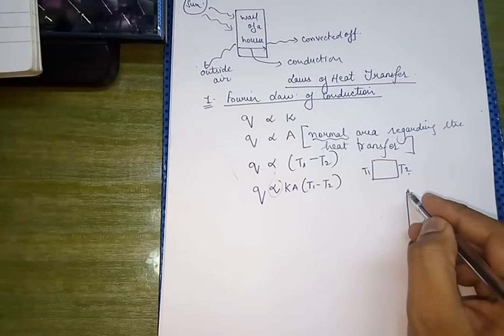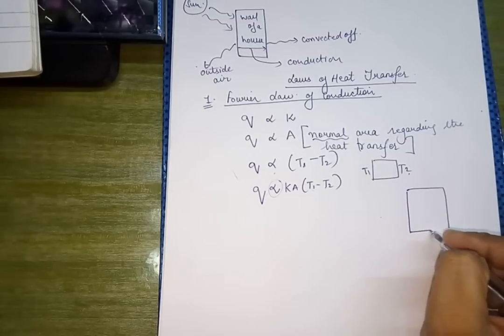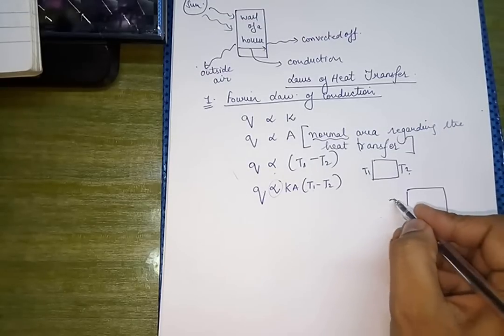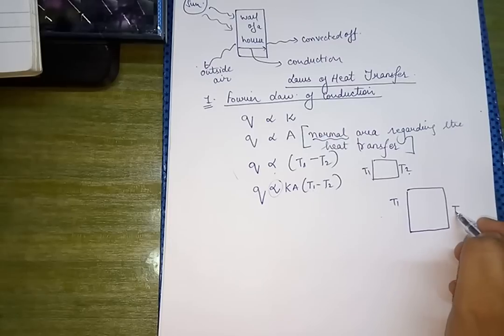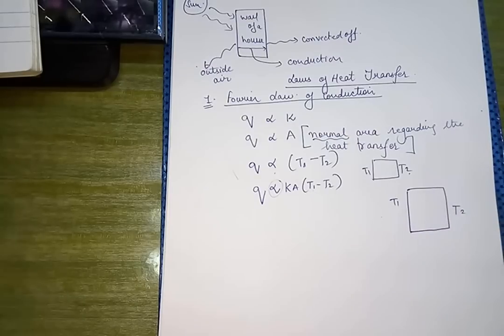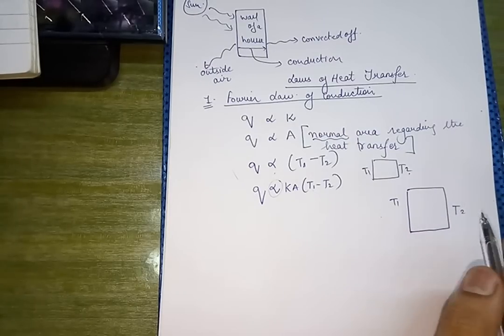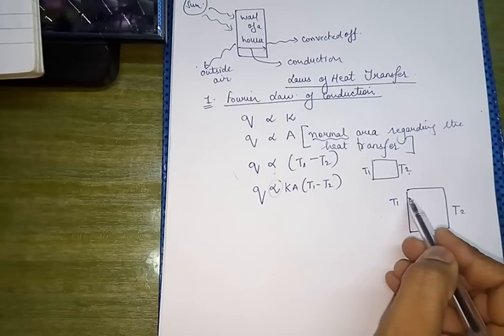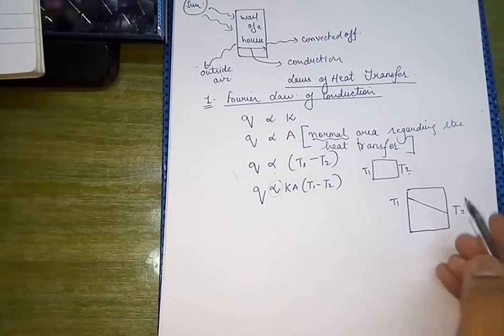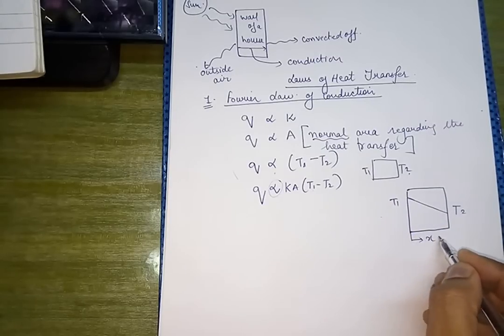Now, for example, if I draw the diagram of how the heat transfer is actually taking place, this is at a temperature T1, this is at a temperature T2, and this is how the temperature is decreasing in the x direction.